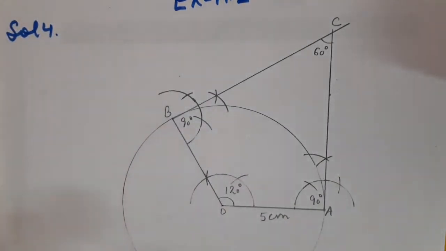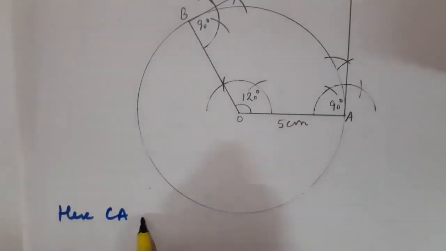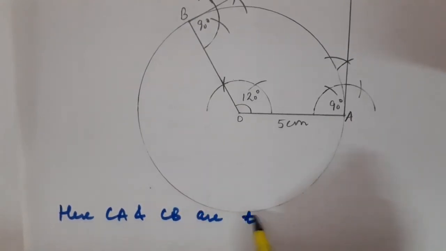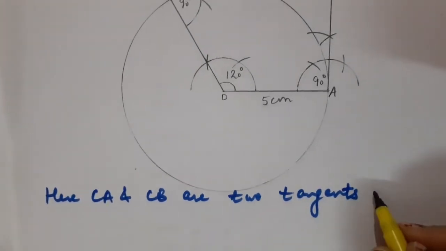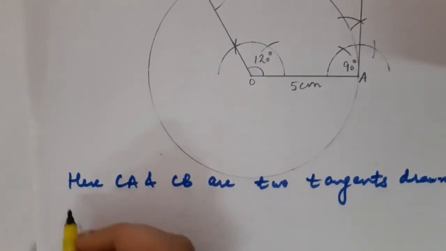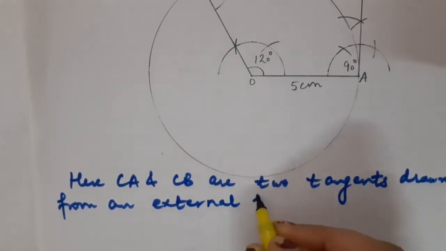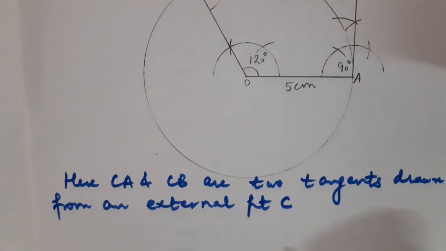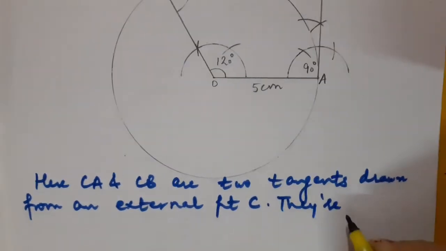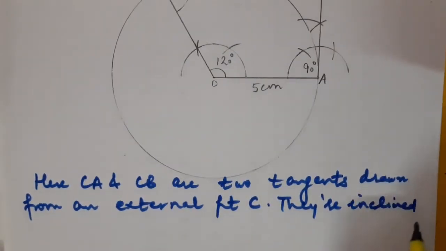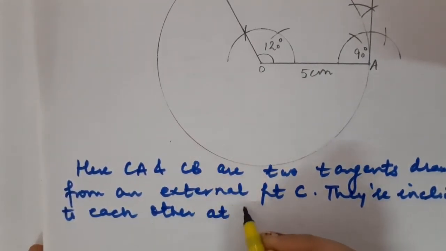So what else you are supposed to write down? Here you can write that CA and CB are two tangents drawn from an external point C, and they both are inclined to each other at 60 degree.